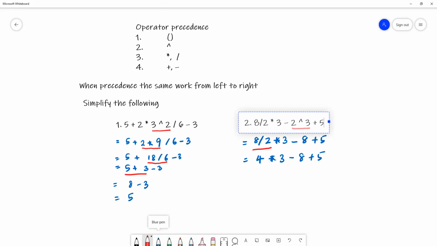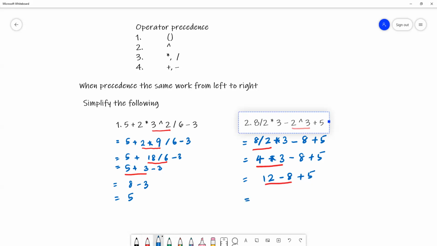Now if you look at the procedures, we have to perform multiplication. So I can say 12 minus 8 plus 5. Again, when you look at the procedures, subtraction and addition are the same, so you perform from the left.